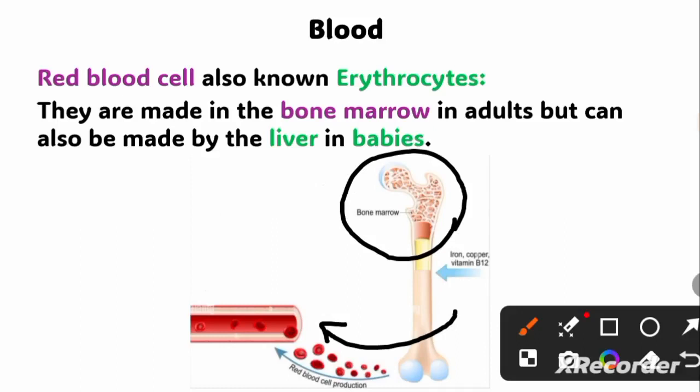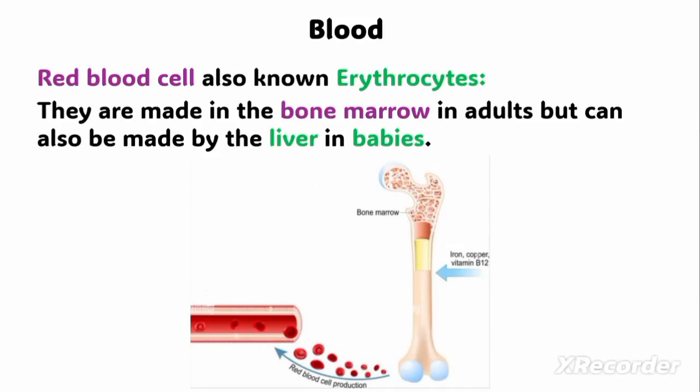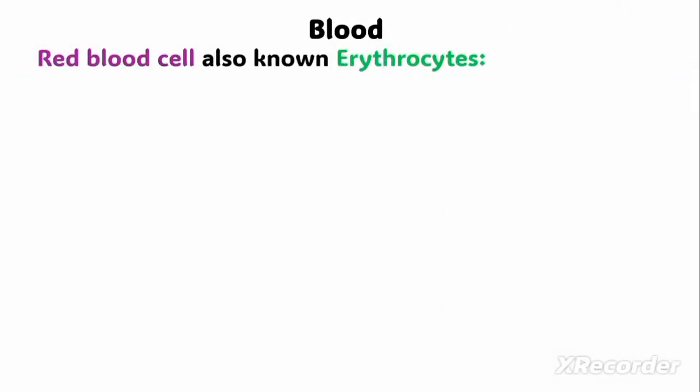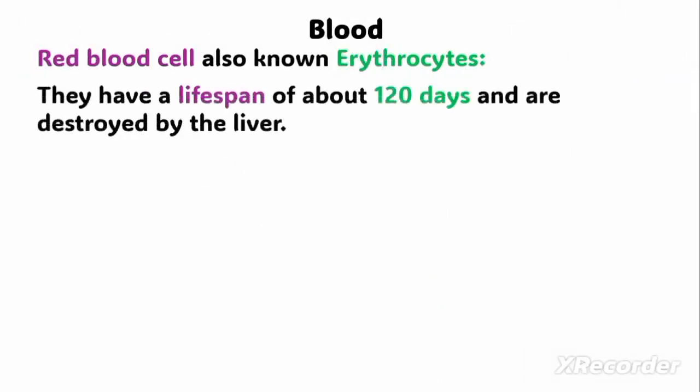Okay, so we know that the function of red blood cells is to transport oxygen. Red blood cells have a lifespan of 120 days and are destroyed by the liver.